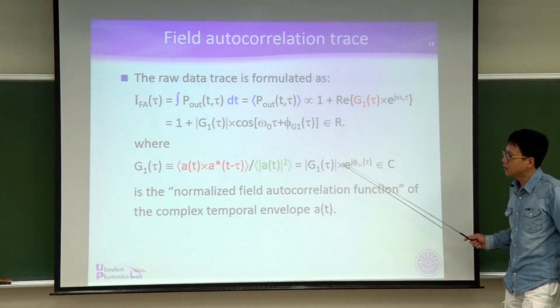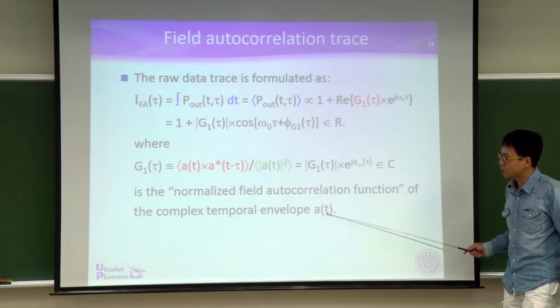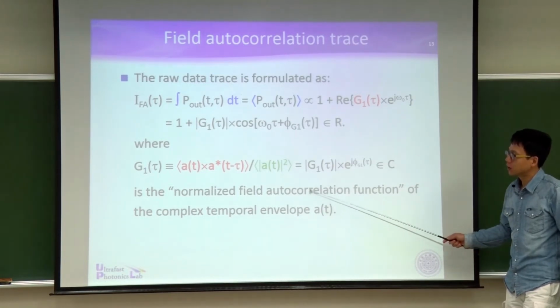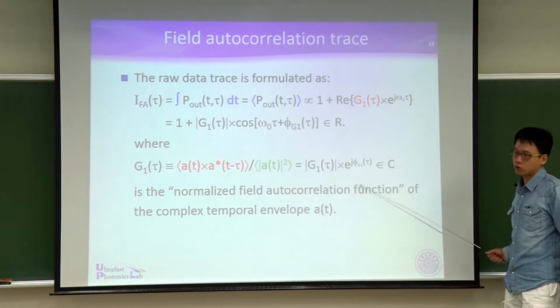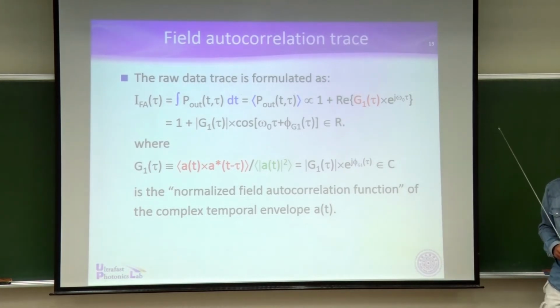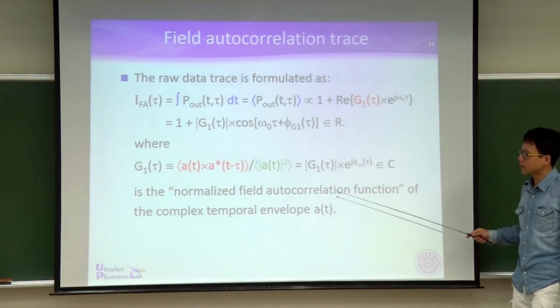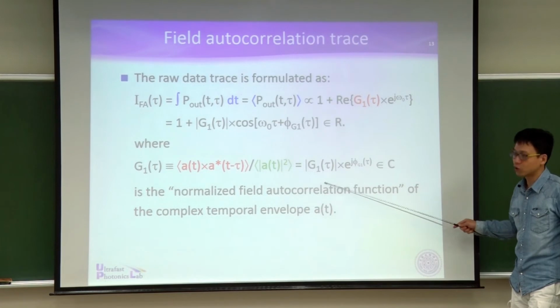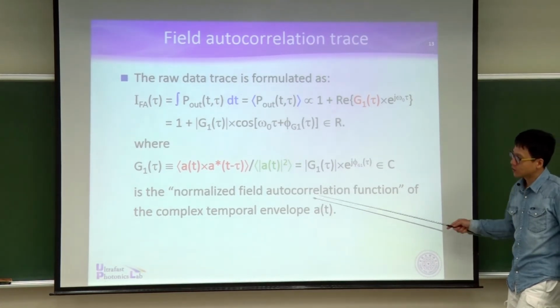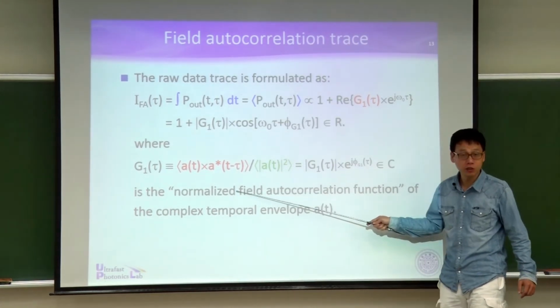And officially, this is the normalized field autocorrelation function of the complex temporal envelope function a of t. 它就是 g1 函数就是小 a 函数的这个 normalized field autocorrelation function. Okay. And you can figure out why the name is field autocorrelation. First, why it is about field.